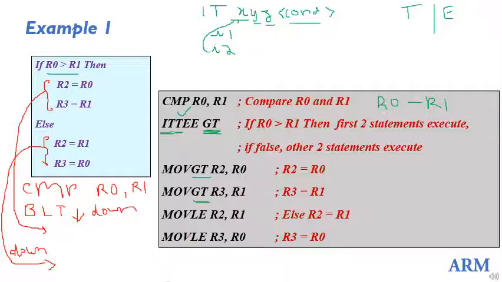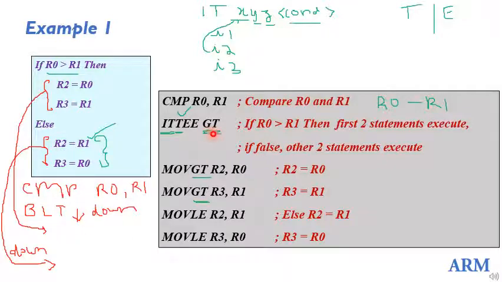Okay. So the next instruction is move R2 comma R1. Now this is actually in the else block, meaning if this condition is not satisfied, it has to execute this. So here our condition is GT.